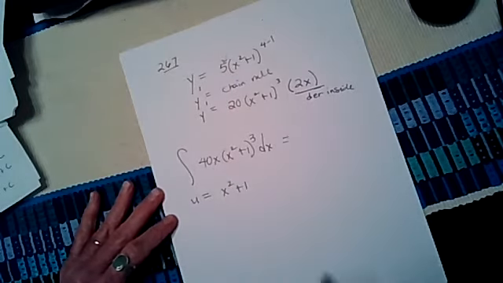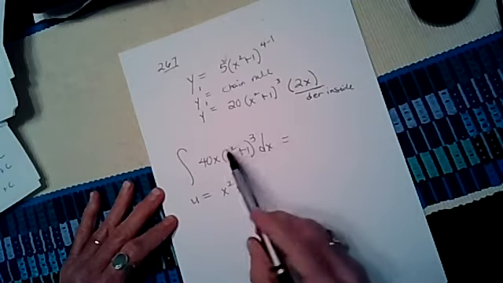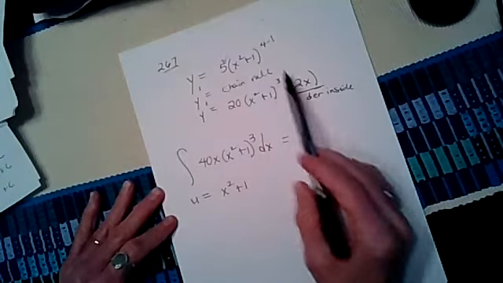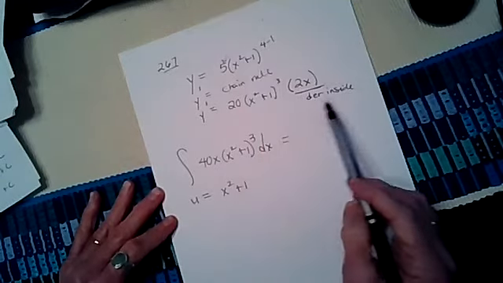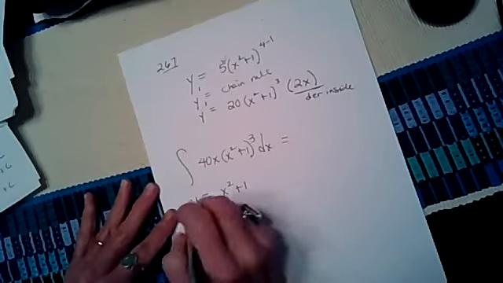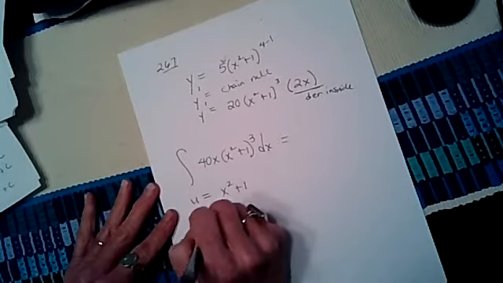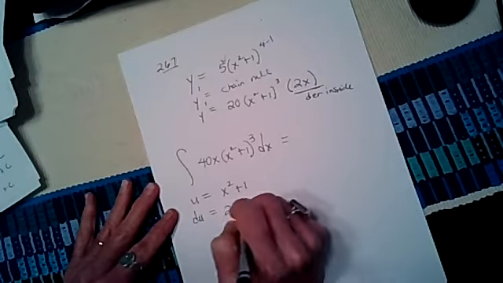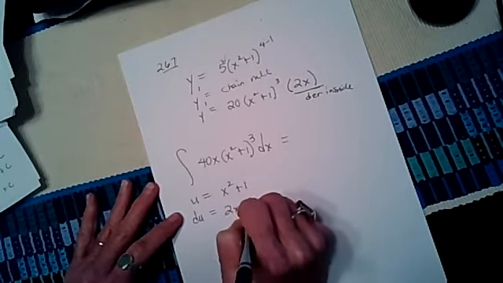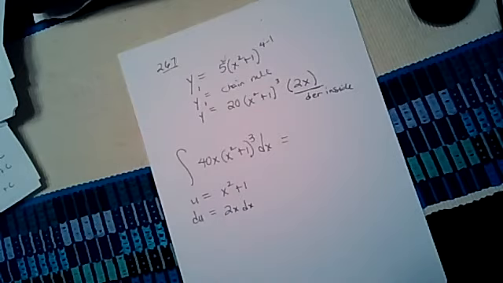It's important that I find the derivative of the inside, because to do the chain rule, I had to multiply by the derivative of the inside. So we've got to have the derivative: u is x squared plus 1, and du is 2x dx, since it's the derivative with respect to x.